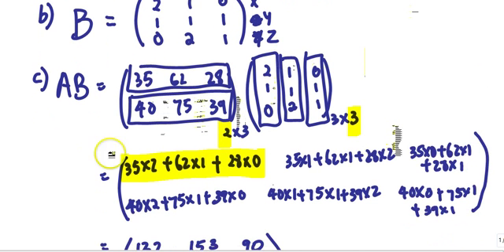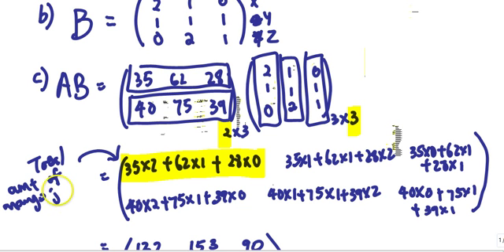So this really tells you the total number, it actually represents the total amount of the mango juice used in shop P. Now similarly, 35, 62, 28 all has to do with shop P, the types of each type of juice, but now you're looking at 1, 1 and 2, the second column, which has to do with oranges.